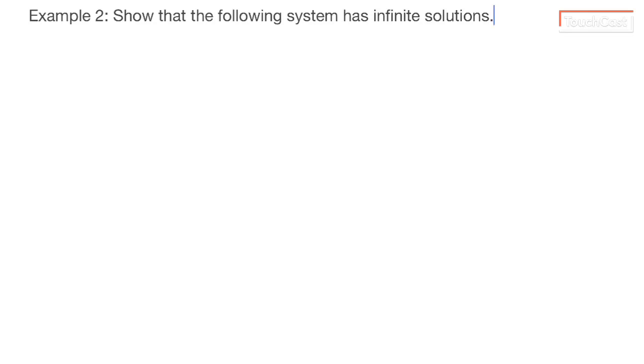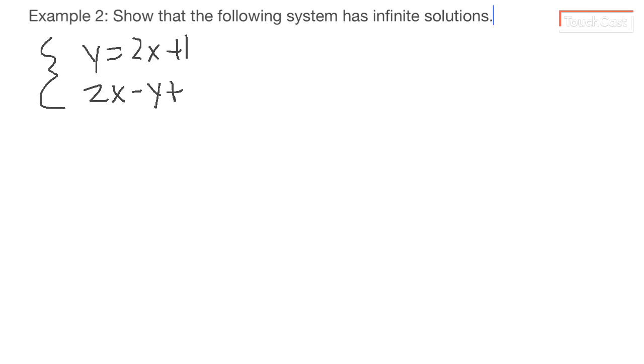So the system is going to be represented by the equations y equals 2x plus 1 and 2x minus y plus 1 equals 0.